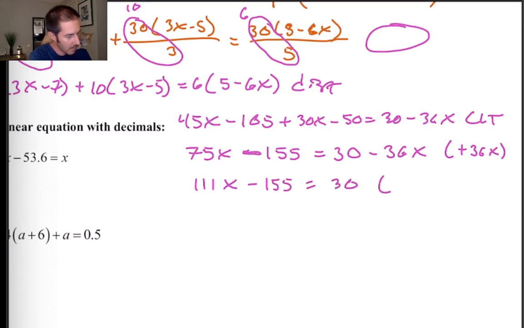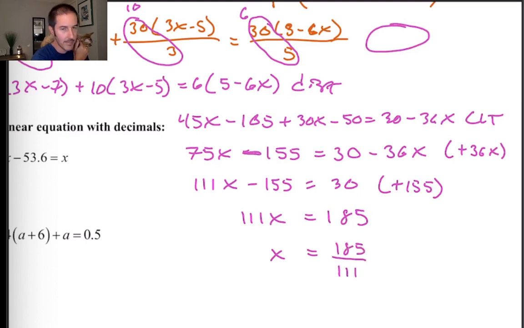And then we need to add 155 to both sides. I'm praying that my mental math and my arithmetic is going to work out here. So on the left-hand side, we still have the 111x. On the right-hand side, we've got 185. And that's terrible. Divide both sides by 111, and you get x equals 185 111ths. An answer like this tells me that I probably made an arithmetic mistake.